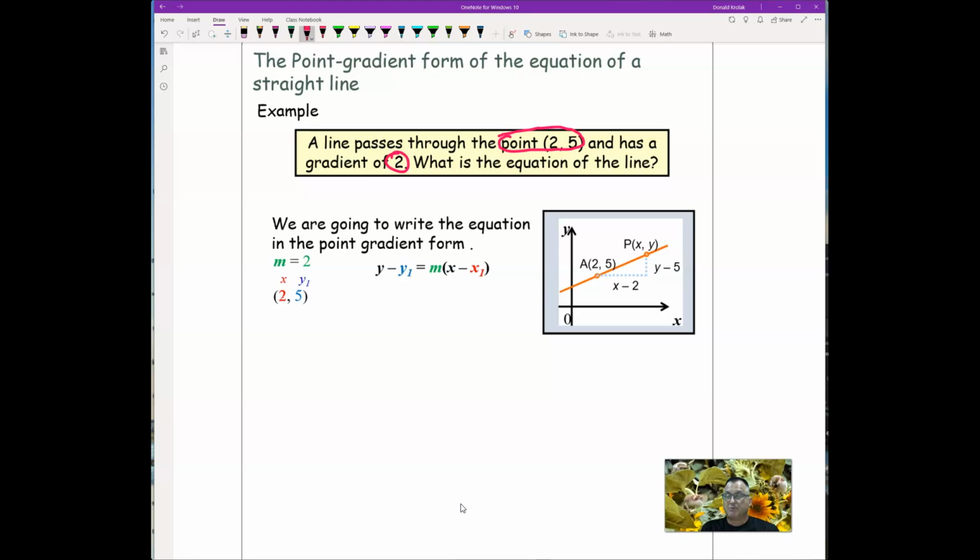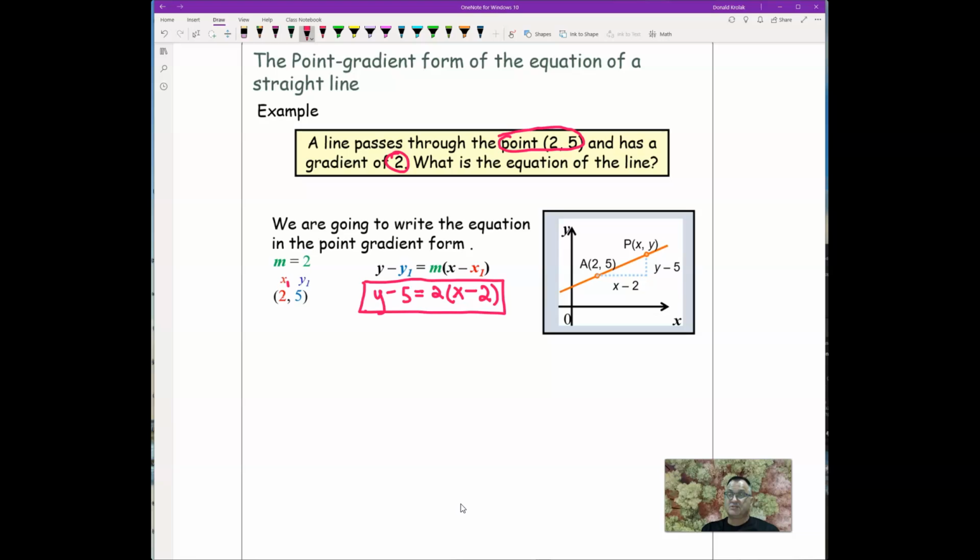So I just take my point gradient form and I drop in those numbers. So this would be y minus y1, the y coordinate of that point, 5, equals my slope, 2, times x minus the x coordinate of the point that I was given, x1, which is 2. And that is your solution in point gradient form.